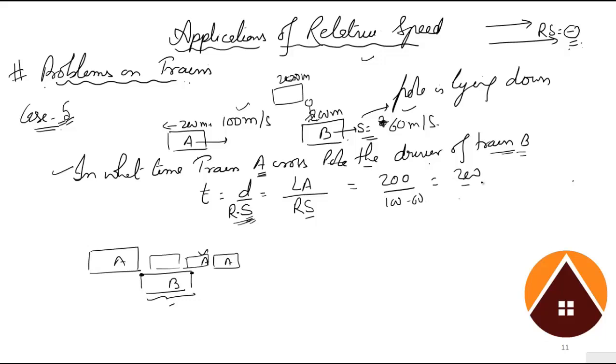So I get 200 divided by 40 and that is 5 seconds. So this answer 5 seconds is different from the question on in what time train A crosses the train B. In that case, the length will be 200 plus 200. But in case of crossing the driver, the length will be simply 200. Hope this makes sense.